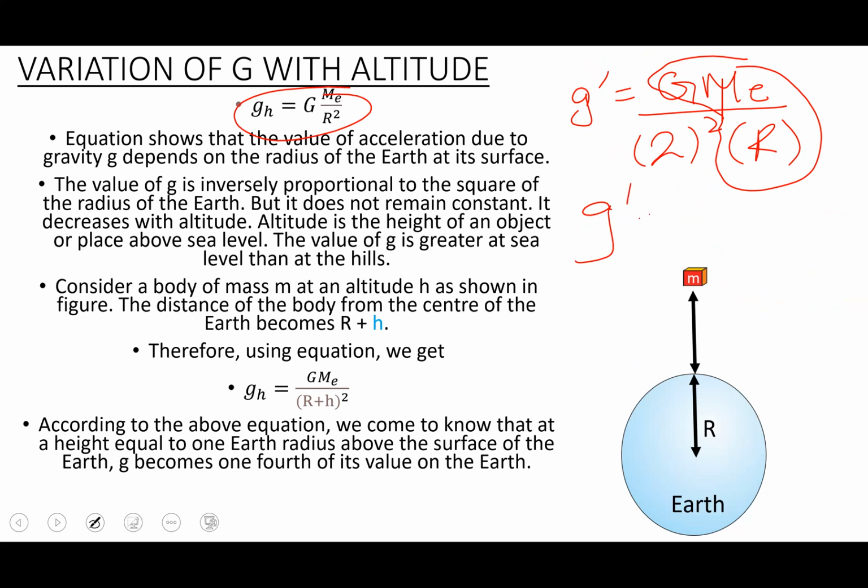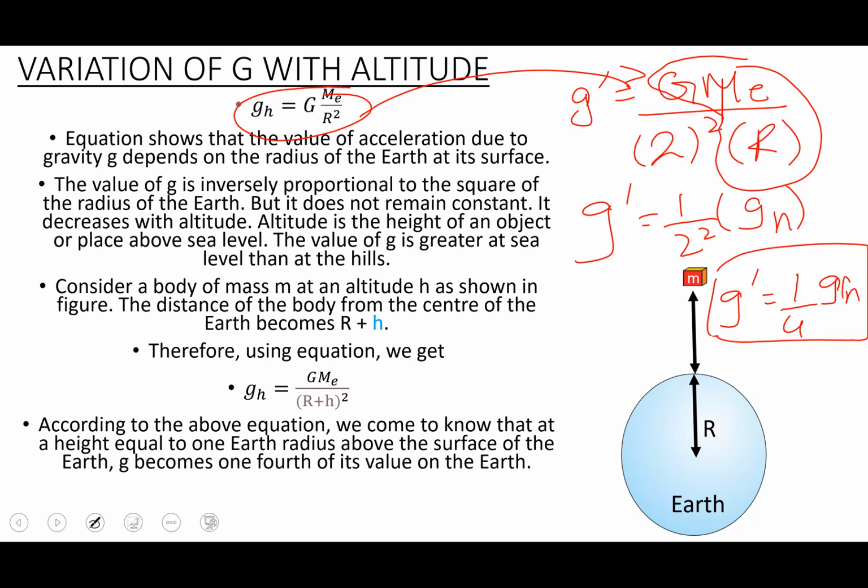So instead of writing this whole thing, we put the value of g_h. It will be 1 over 2 square into g_h times. So we can say g dash, the new value of g at the distance 2R from the Earth's center, will be 1/4 the value of g on the surface of the Earth.